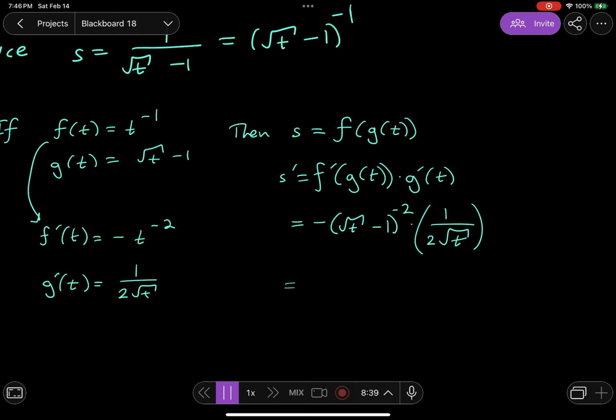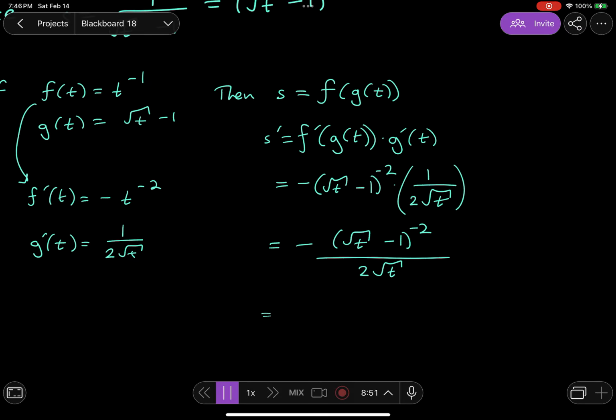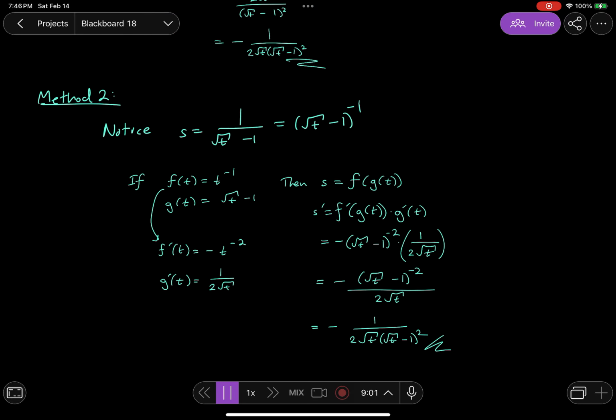So this is the same thing as negative root t minus 1 to the negative 2, all divided by 2 root t. And with your exponent rules, that's going to be the same thing as negative 1 over 2 root t times root t minus 1 squared. And that is indeed the same thing I got the first time.